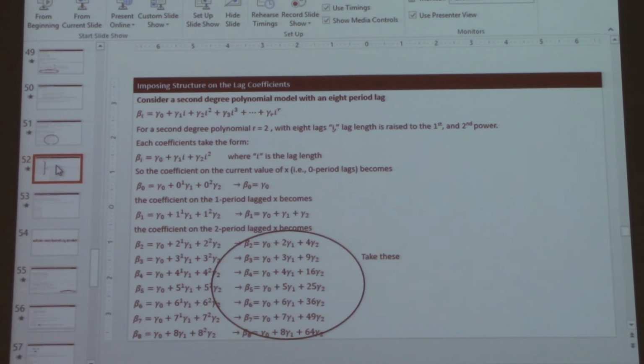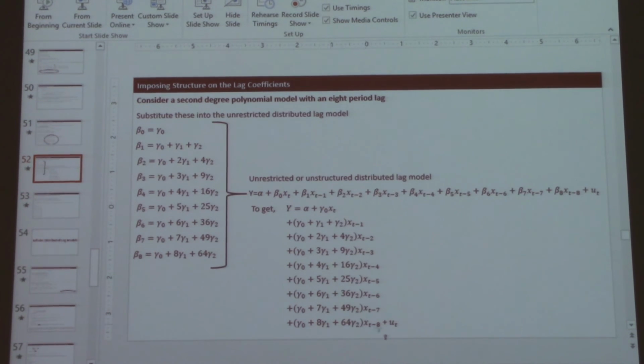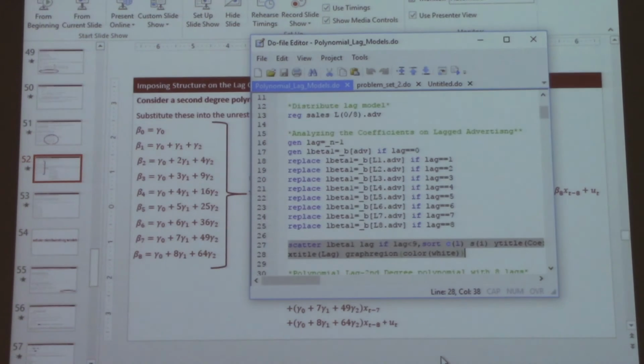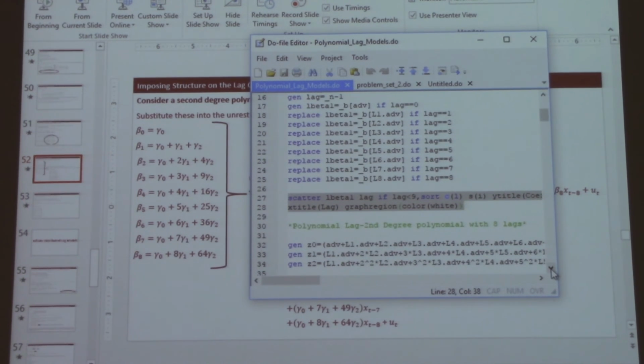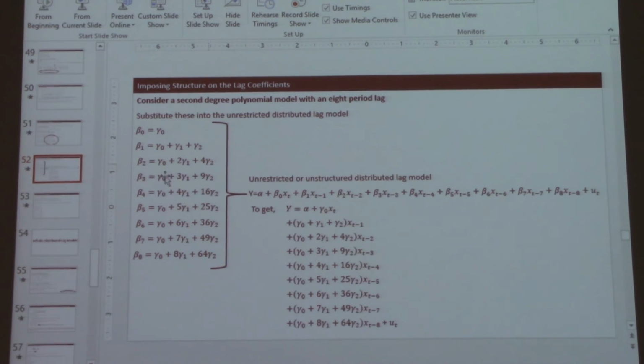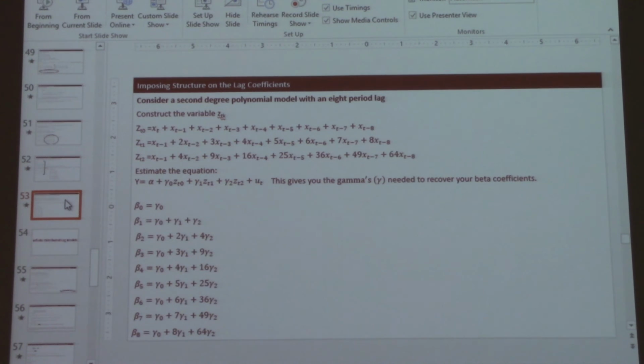Take those, goes into that. So let's see what the handy dandy do file says. In essence, we can skip a lot of this because in the end, all we're going to estimate is the z equation. So as long as we know the form of the z equation, we're fine.